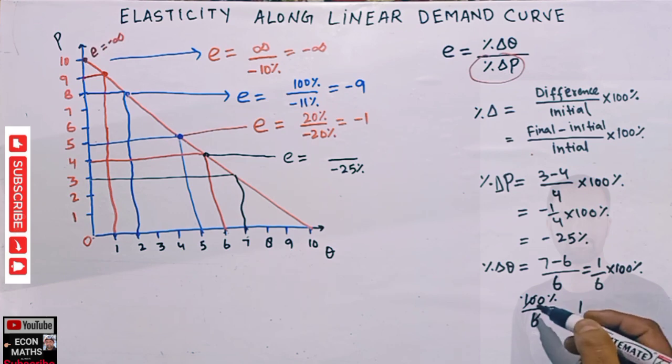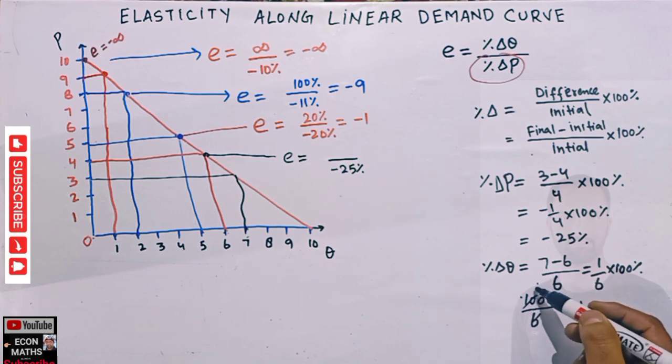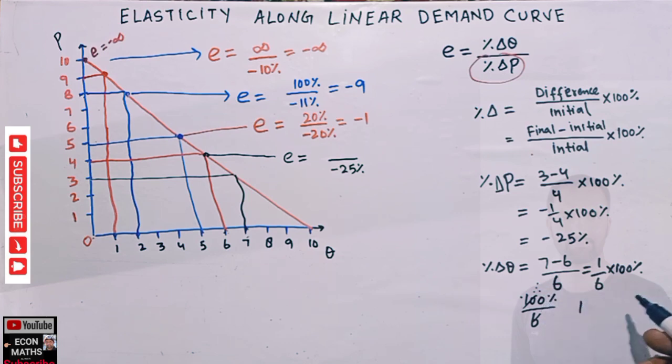So this is 100% upon 6, we will get something like 16.1. I'm not sure about the calculation here.